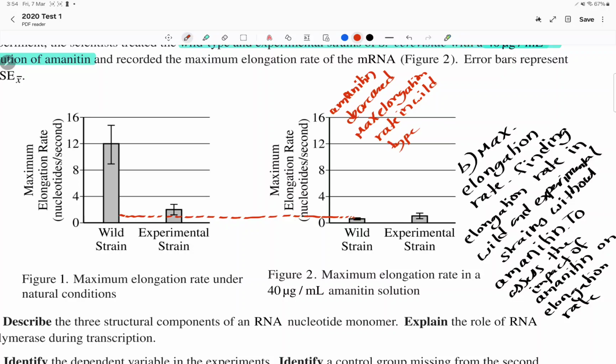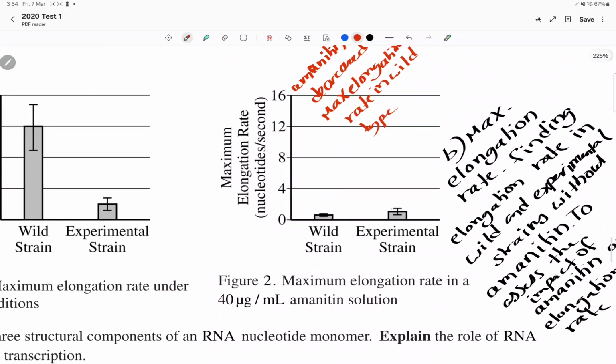But did it change anything about the experimental type? Let's check. It did not, because right now if you draw an arrow from here all the way to here, are they overlapping? Yes. So no effect on the experimental.